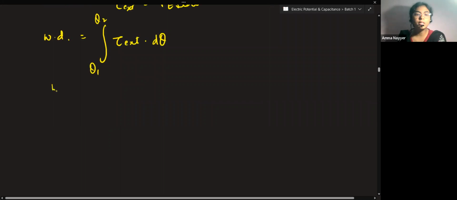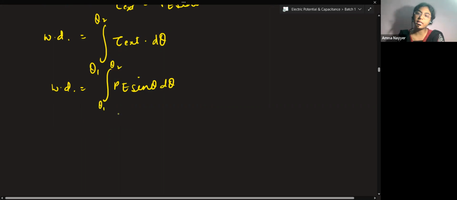Now putting the value of external torque as PE sin theta d theta, integrating from theta 1 to theta 2. So does anyone remember what is the integral of sin theta? Salman, Khalid, you all are math students. Yes. Integral of sin theta gives what?